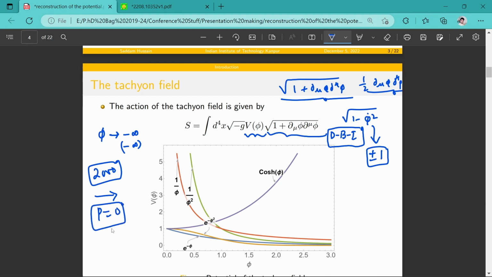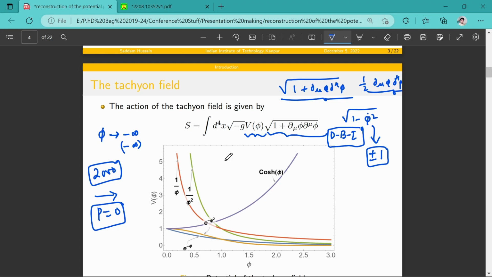So if you suppose you have only the tachyon field, then the D-branes can decay, and the characteristic of this field is a pressureless kind of behavior. When people showed this, they thought that this tachyon field is behaving like dark matter. So now people have started to study it in the context of cosmology.